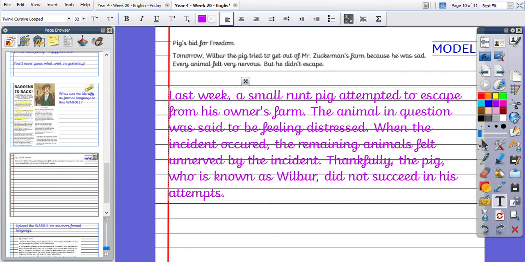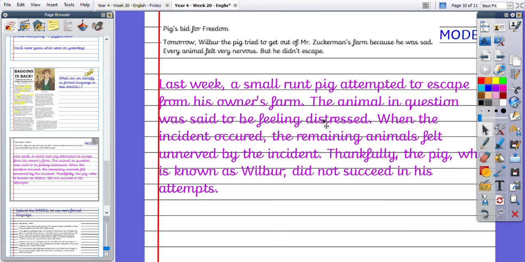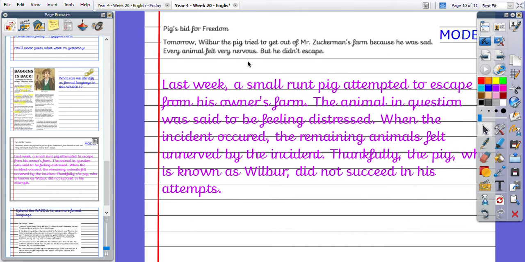Okay, so my sentences mean exactly the same thing as the original ones, but they've got far more detail. So let's reread it. Last week, a small runt pig attempted to escape from his owner's farm. The animal in question was said to be feeling distressed. When the incident occurred, the remaining animals felt unnerved by the incident.